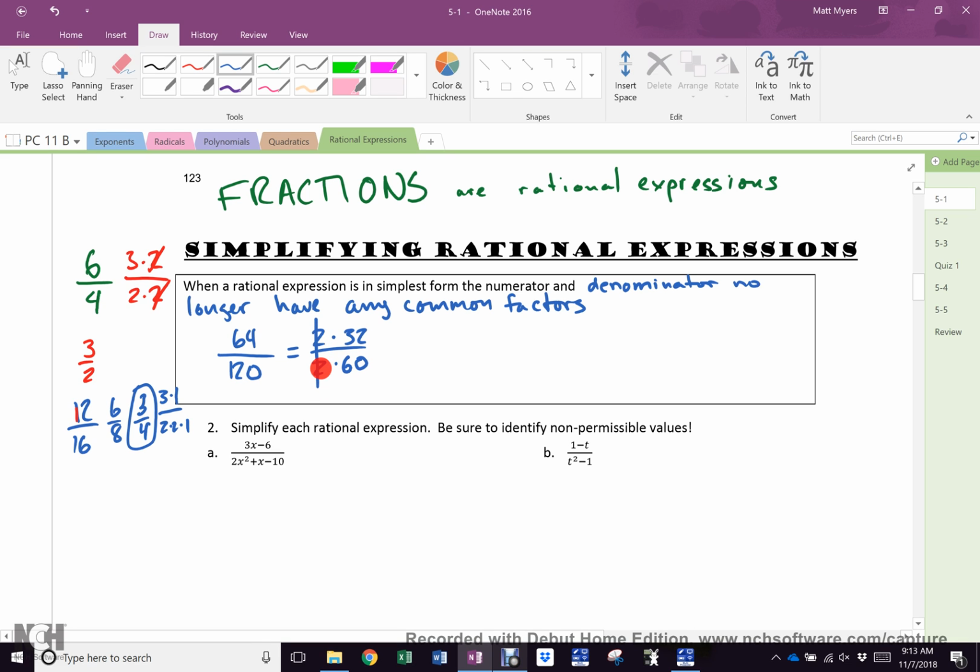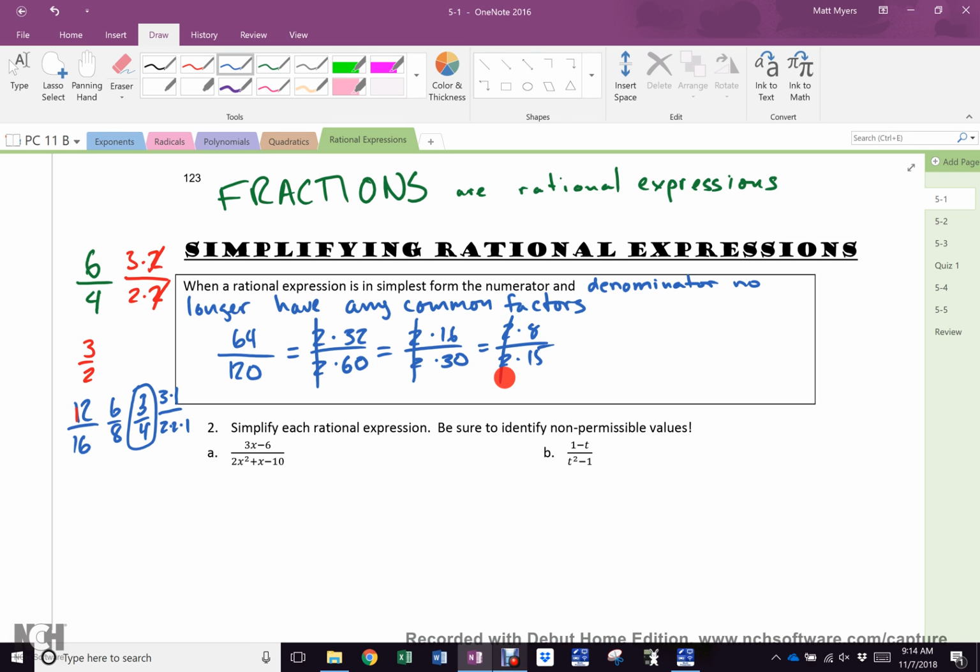Because 2 divided by 2 is 1. Now, that is really 2 times 16 over 2 times 30, isn't it? What am I going to do with the 2's? Cancel. That is really 2 times 8 over 2 times 15, isn't it? Cancel.